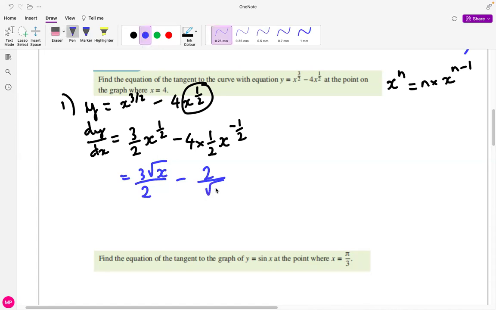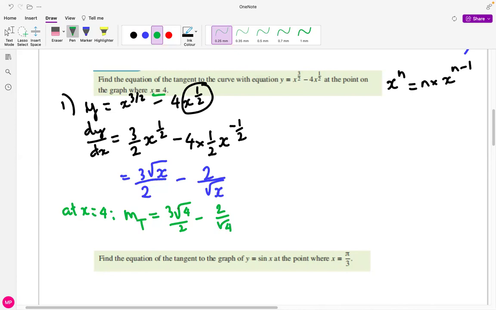Now they give me the point x equal 4. So what I do is I substitute x equal 4 into the derivative. That will give me the gradient of the tangent. So m_t equals 3 root 4 over 2 minus 2 over root 4.